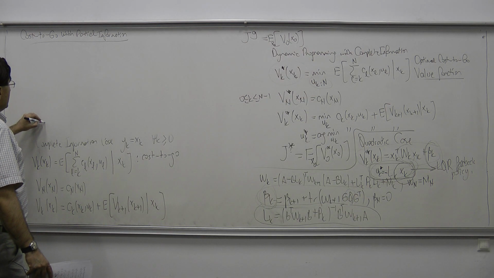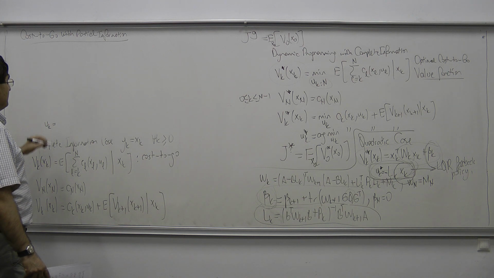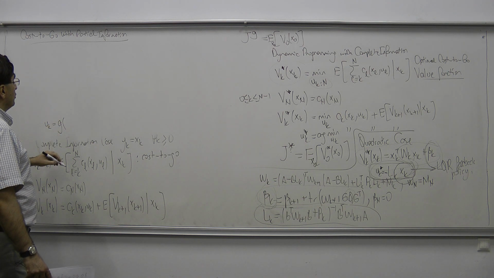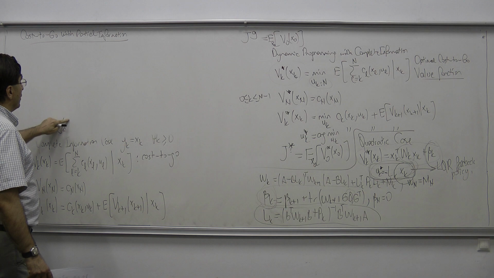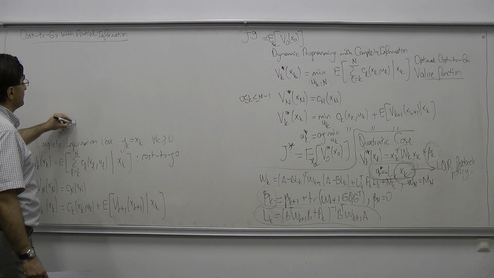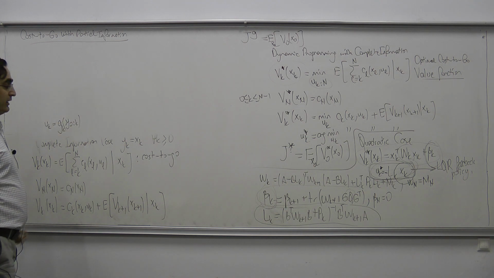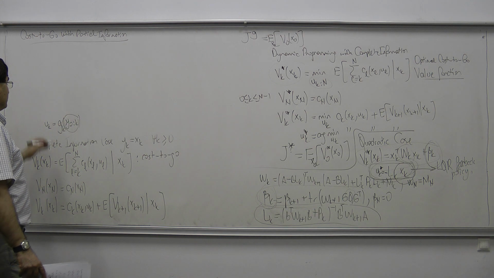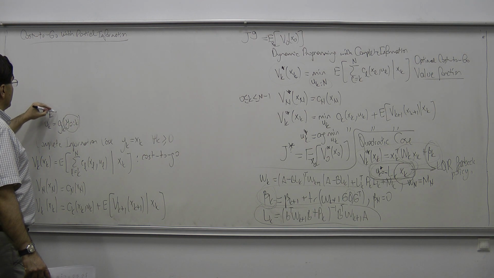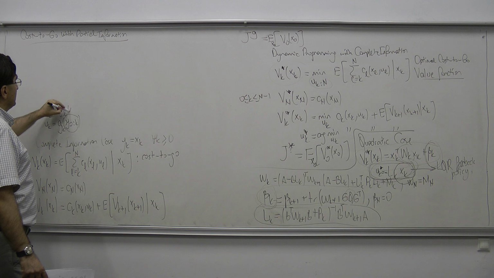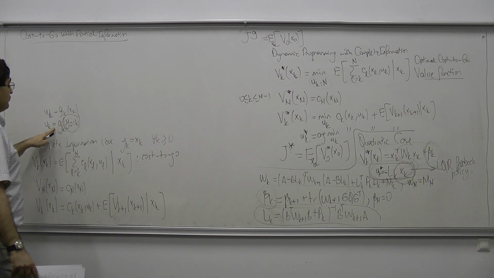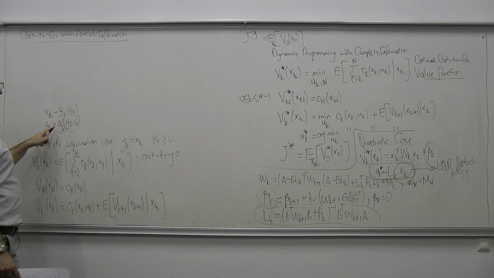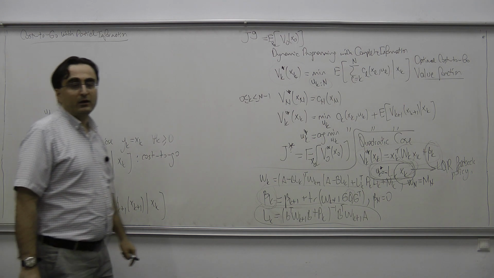We want our inputs, u_k, in the partial information case to become a function of current and the previous outputs. Okay? In the complete information case, we had g_k of x_k. In the partial information case, we want u_k as g_k of y from 0 to k.